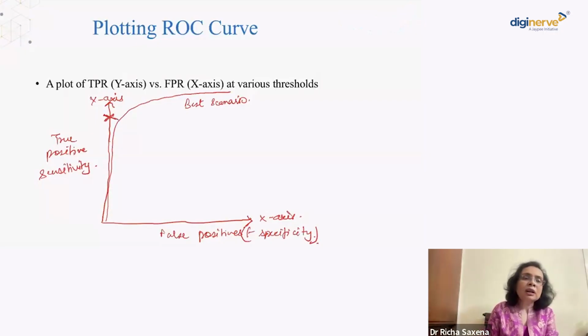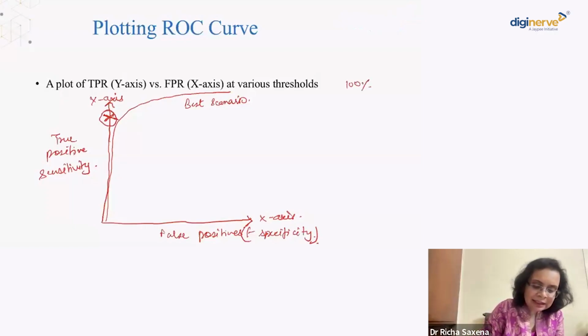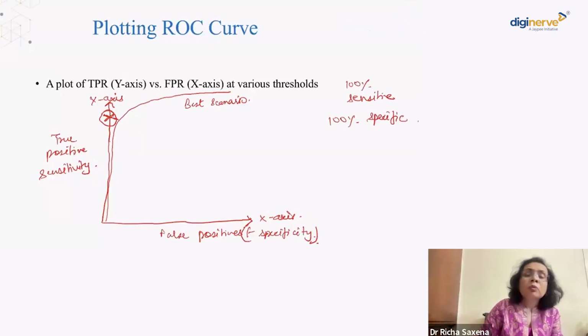If the test is here, what does that mean? It means the test is 100% sensitive and 100% specific. What do you mean by sensitivity?